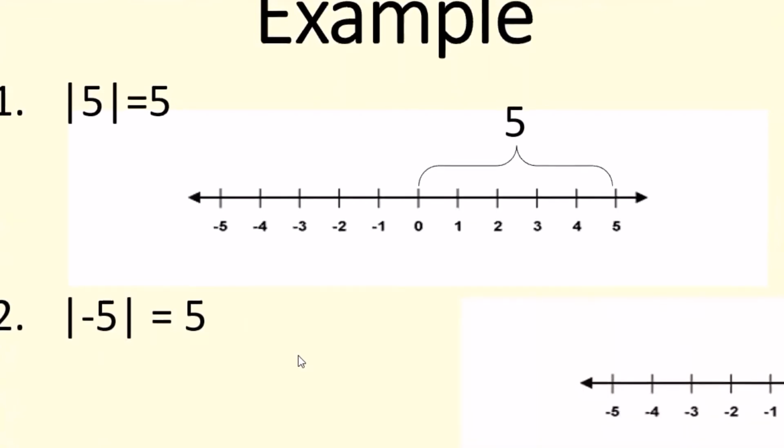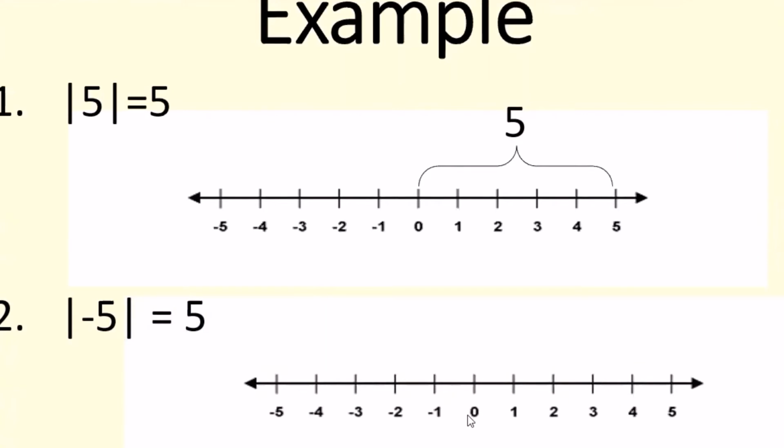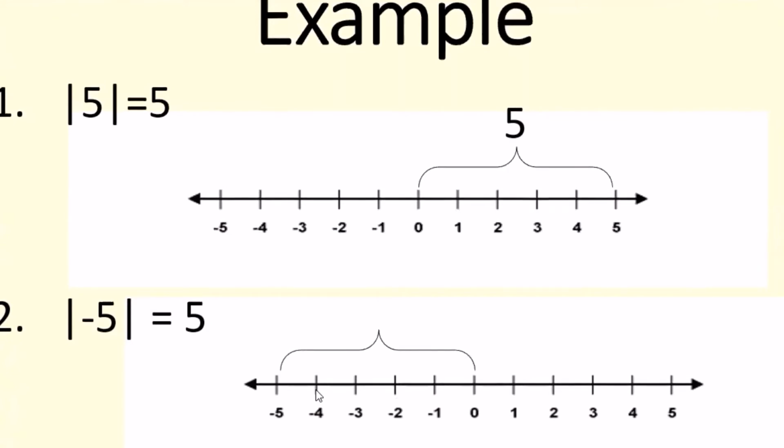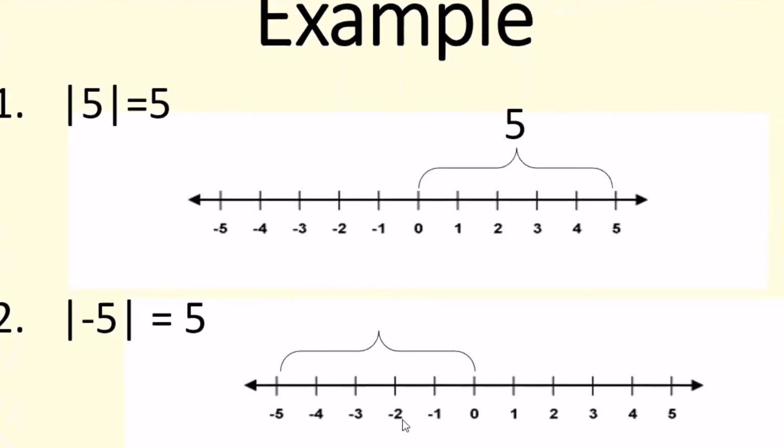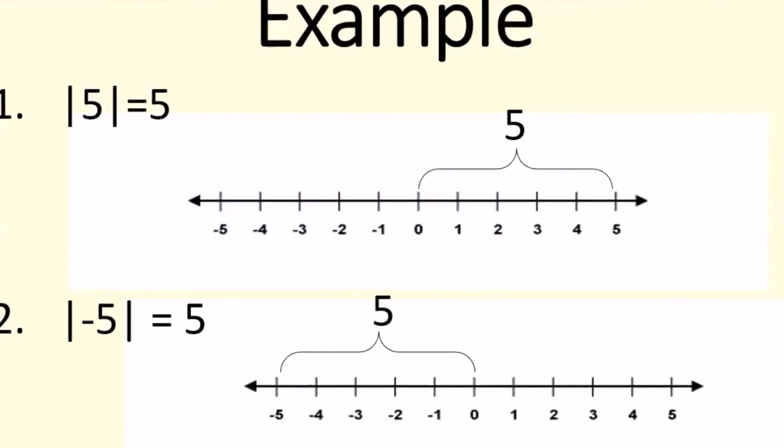So using number line from 0 to negative 5, disregard the sign. Let us count the negative 5 going to the 0 is 1, 2, 3, 4, 5. So 5 units. So that is an absolute value.